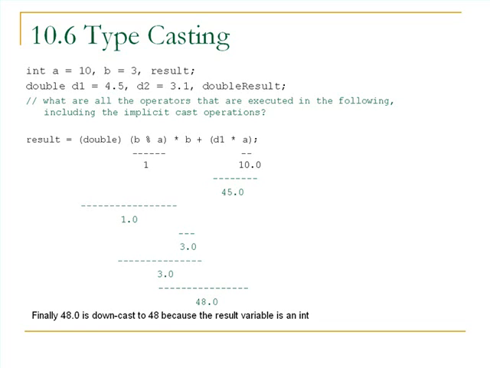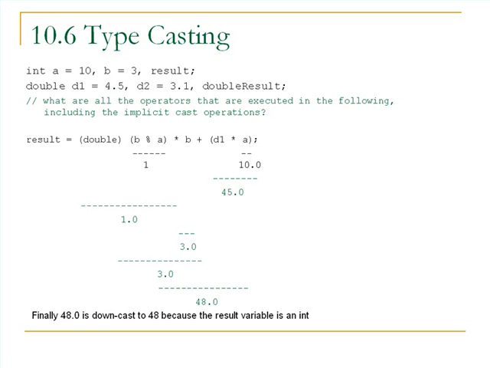The next thing that happens is the cast operator. So the cast operator, double, just changes 1 to 1.0. Multiply by B. What would be the data type of the multiply?